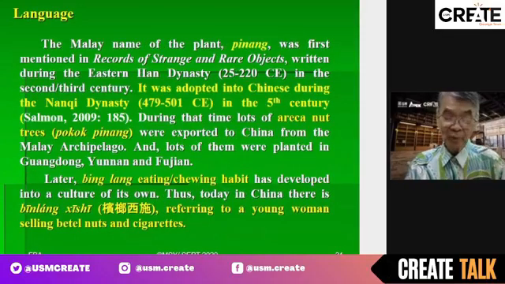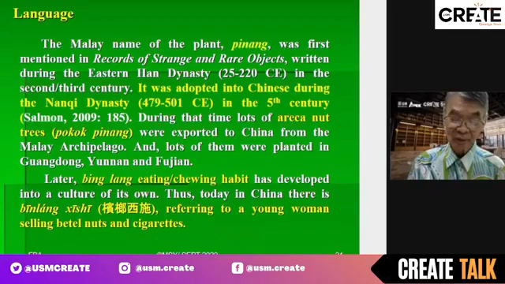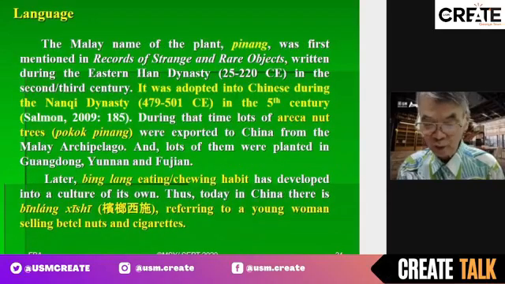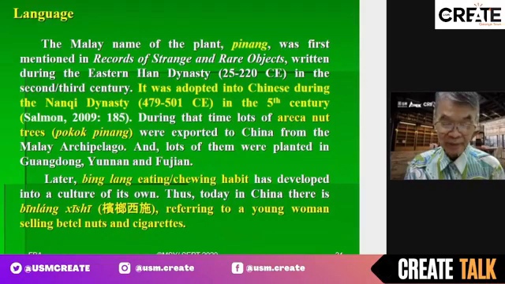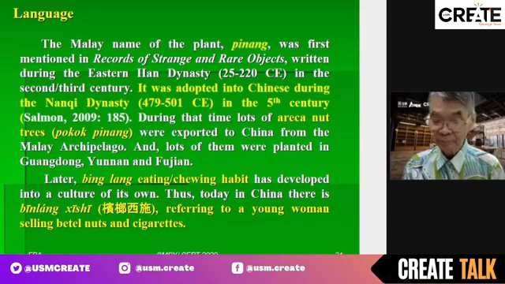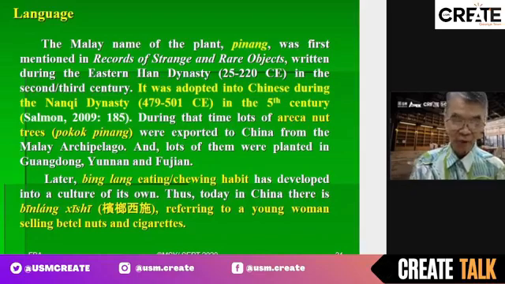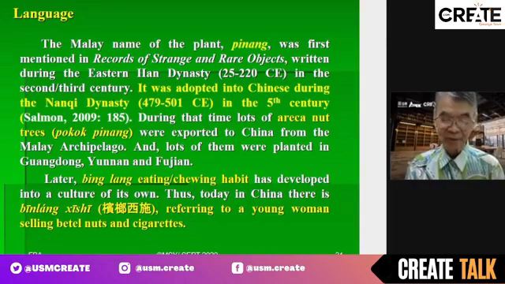The Malay name of the plant, Pinang, was first mentioned in records of strange and rare objects written during the Eastern Han Dynasty in the 2nd, 3rd century. So not only with the fall of Malacca, it's already there much earlier.